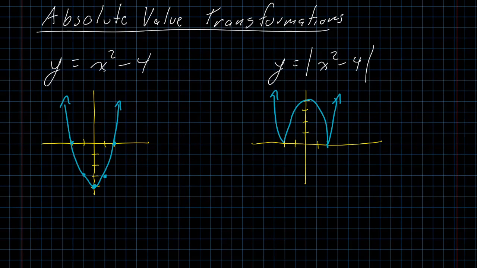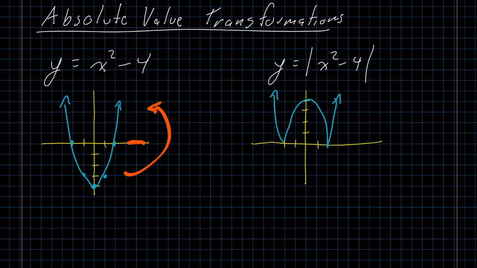And so when you have an absolute value transformation, you have a figure that looks like this. Imagine this, if you're having trouble seeing what happened. Take the x-axis and fold it in half so that everything ends up on the top and there's nothing left below the x-axis.